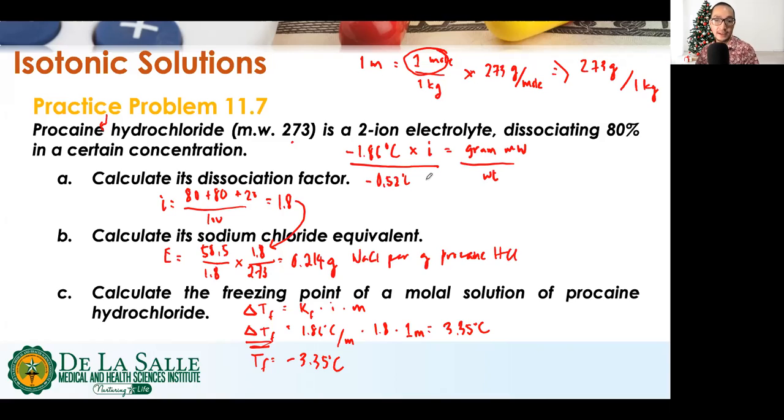Now, what is being mentioned by this formula is that the weight of a substance with any gram molecular weight can be determined by using the ratio between 1.86 degrees Celsius times i and 0.52 degrees Celsius, 0.52 being the freezing point of an isotonic solution. Now we can actually replace this with whatever freezing point that we want.